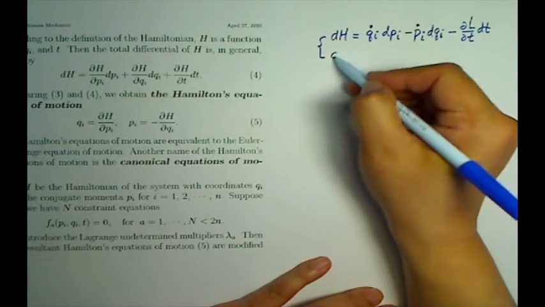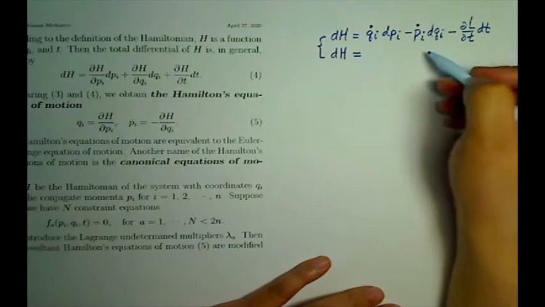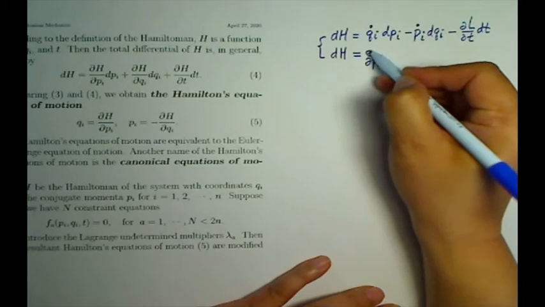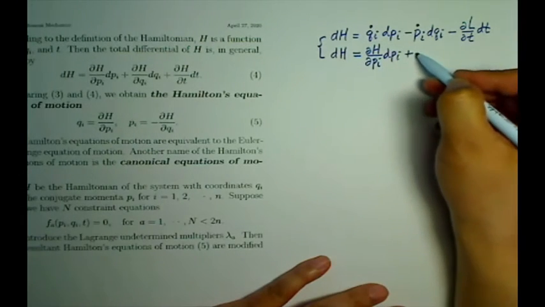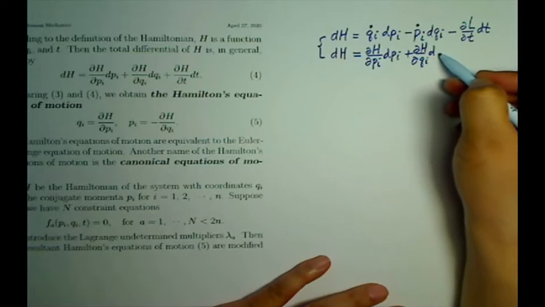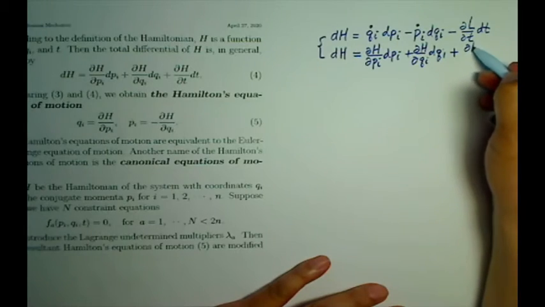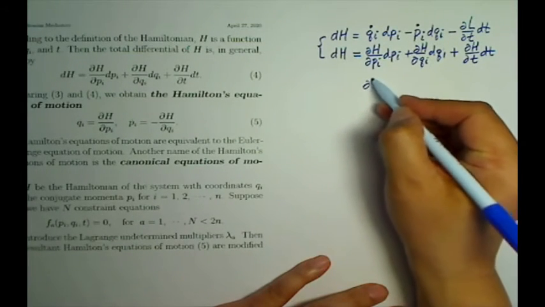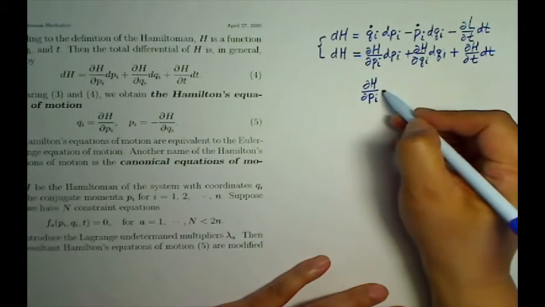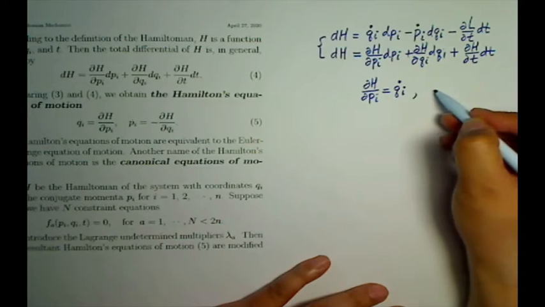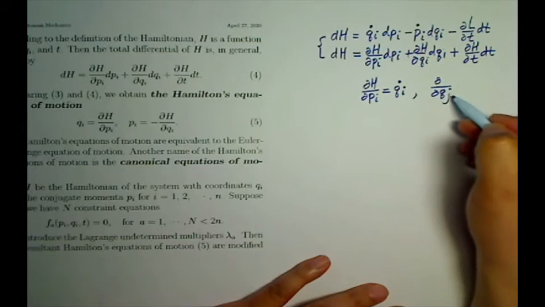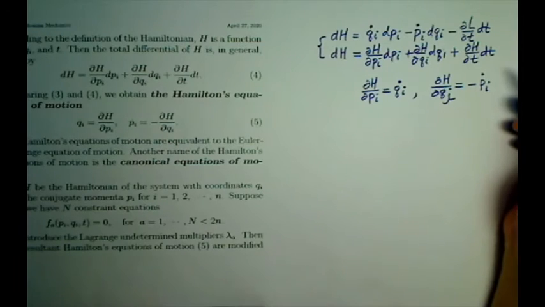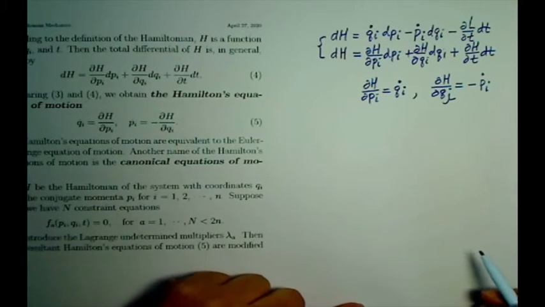And here, because H is a function, the Hamiltonian is a function of p, q, and possibly t, if I compare these, we again obtain this. This is called Hamilton's equation of motion, or canonical equation of motion.